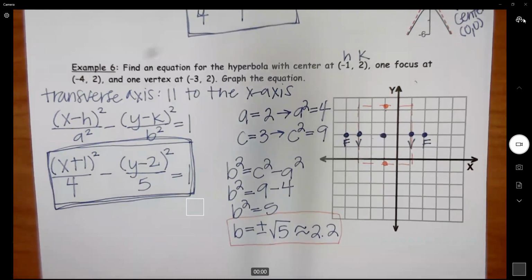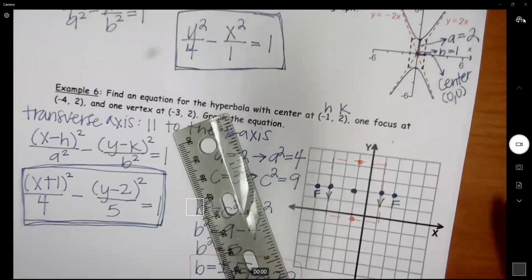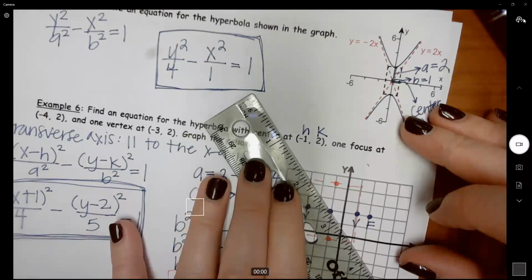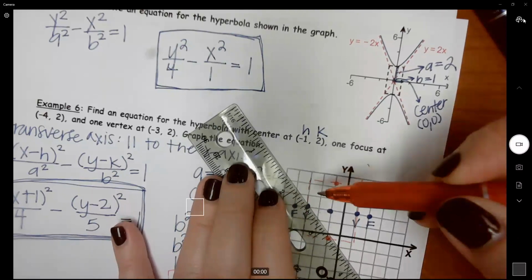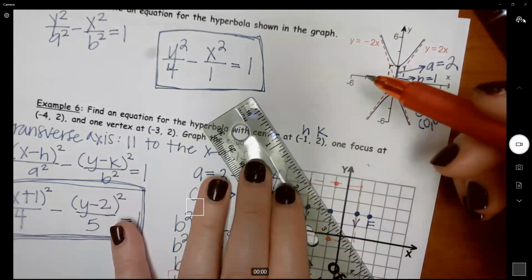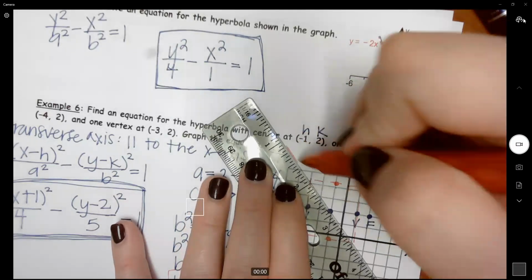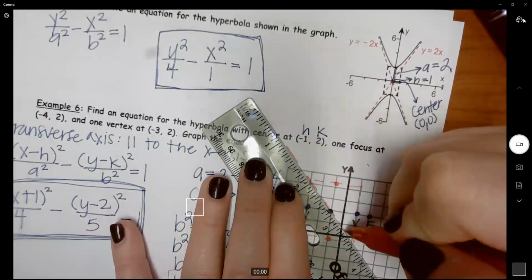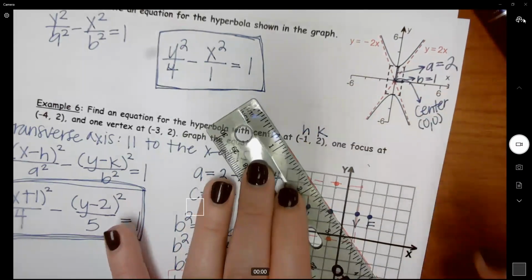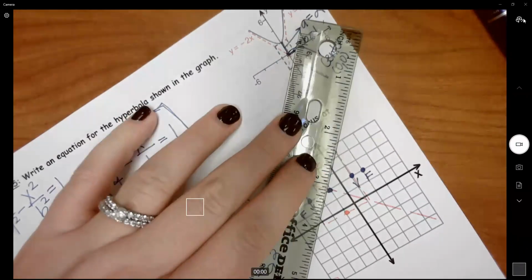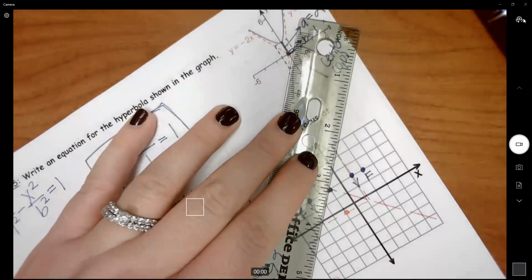Once you have your box, draw in your asymptotes, which go from the box corner to corner through the middle. And the other side, corner to corner through the middle.